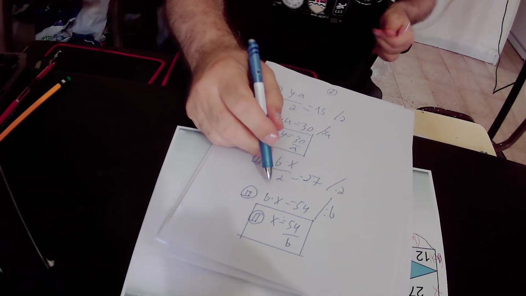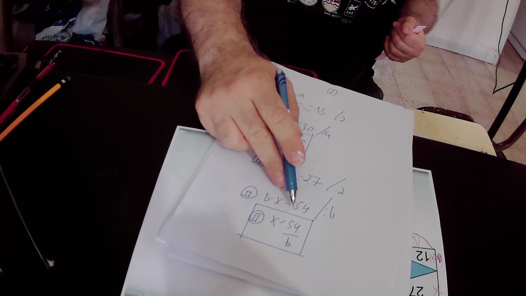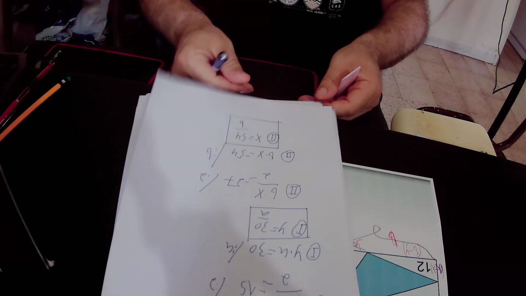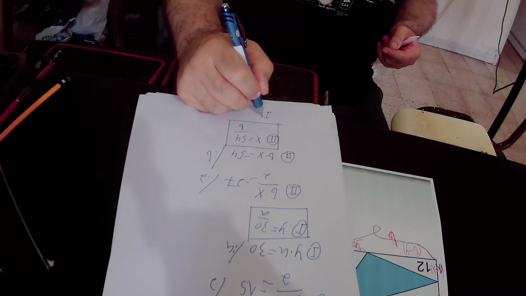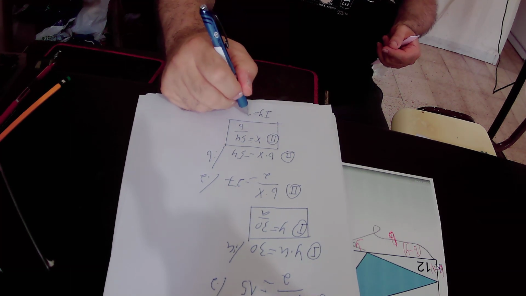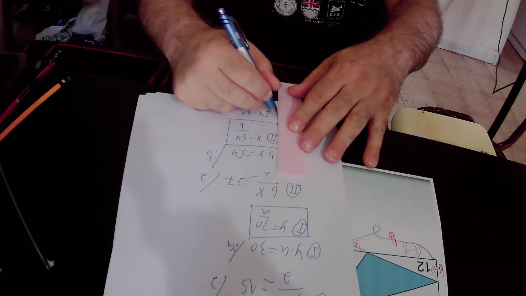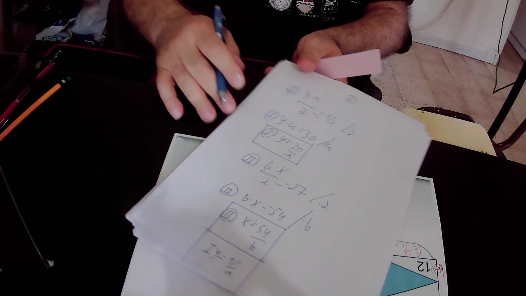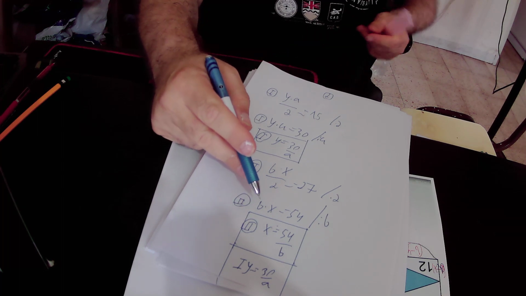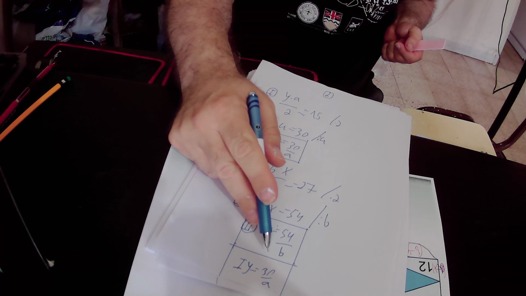Okay, we divided both sides of the equation by b. We got that x equals 54 over b, and we know that y also equals 30 over a. So we actually took x and y out of their equations. X equals 54 over b and y equals 30 over a.